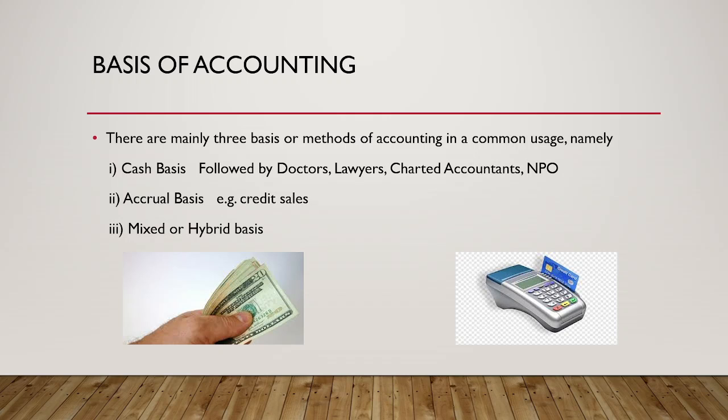Now, let us try to understand what is accrual basis. Accrual basis is nothing but the credit sales. As we learnt in the previous slides, credit sales is something which is purchased today, but the payment is not done today but in the near future, maybe 1 month or 3 months.